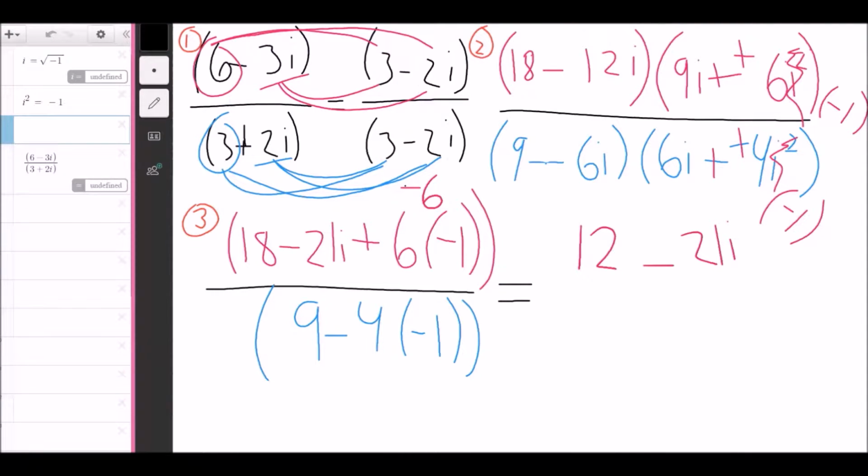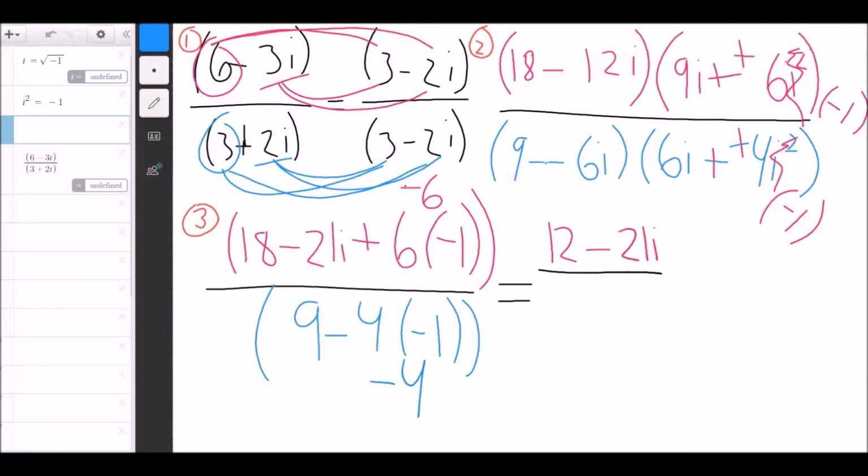And that's going to be divided by 4 times -1 equals -4. So it's going to be a plus positive. So 9 plus 4 equals 13.